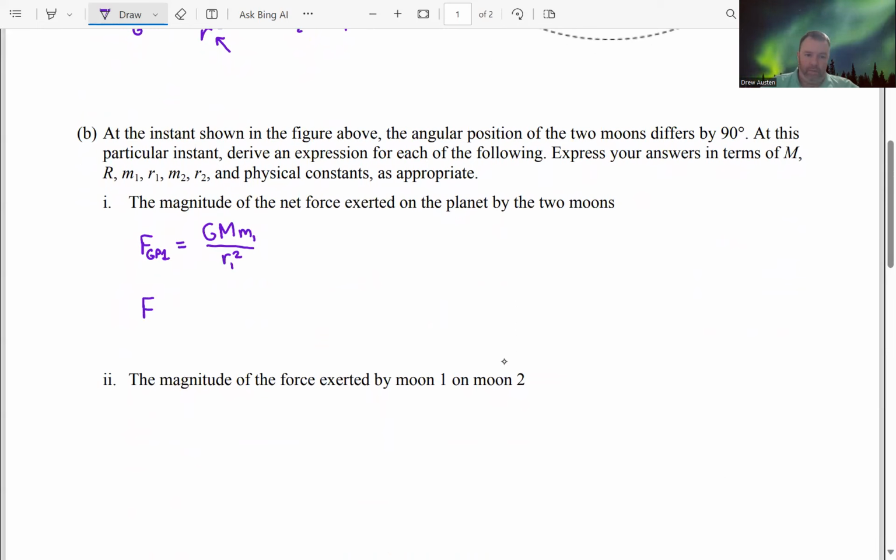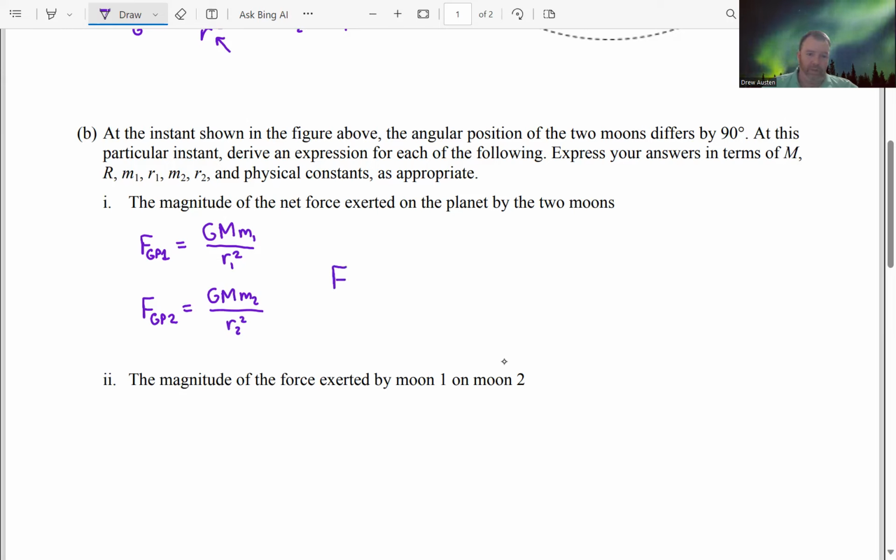And the gravitational force on the planet from moon 2 is going to be the same formula, but with the m1 replaced by an m2, and with the r1 replaced by an r2. And now we just need to do the vector sum of these two things using the Pythagorean theorem.